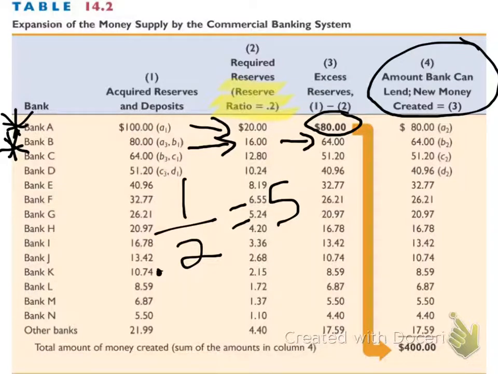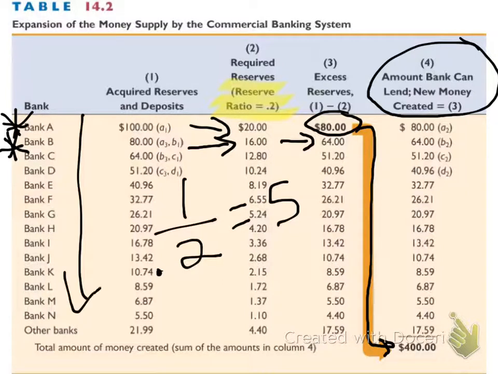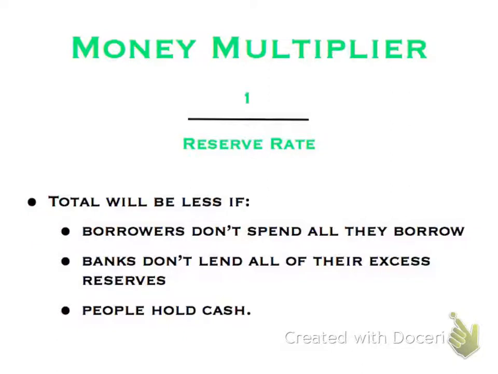My initial deposit of $100 can turn into $500 in the economy. Or my excess reserves of 80, 80 times 5 is $400. So those $80 in excess reserves, through spending and redepositing and spending and lending and redepositing over and over, you can see the process goes on all the way down through these other banks. It results in $400 of new money.